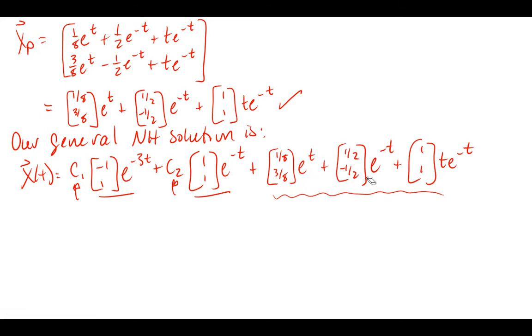The only candidate would be the middle term here, because this is e to the negative t, and this is e to the negative t. So the question is, can I take that and just say, you know what, swallow that, or absorb that into that?